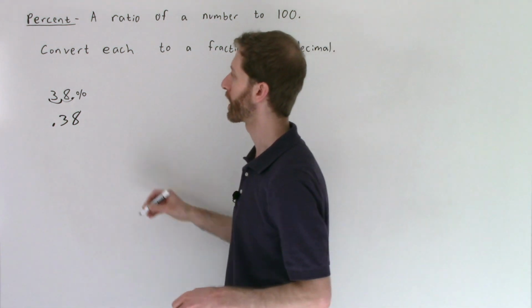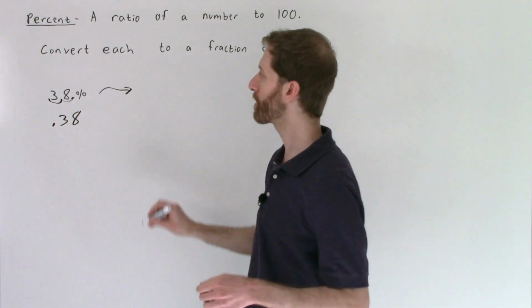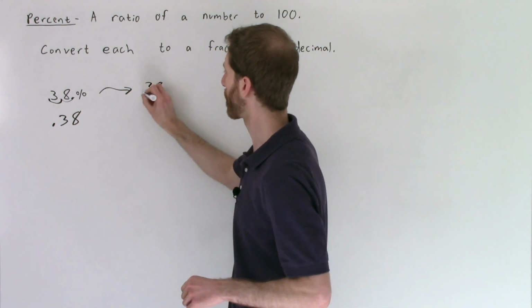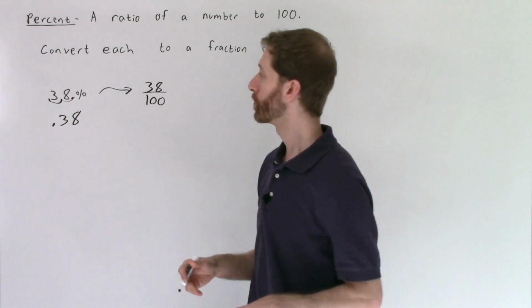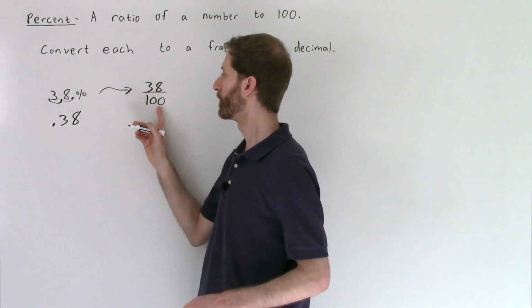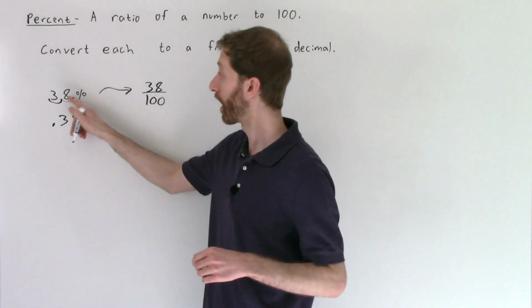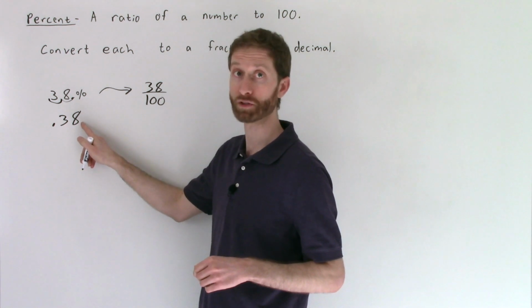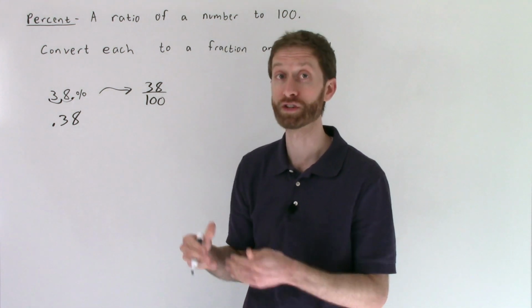Well, if you take a look at it, we'll go back to what we talked about earlier in this video. 38% is 38 per 100. And when you divide by 100, we can look at that as 38 hundredths. Well, if we're going to say how many hundredths we have, and we started out with 38 hundredths, then we would have to move the decimal place over 2 places to the left to see how many hundredths I have.